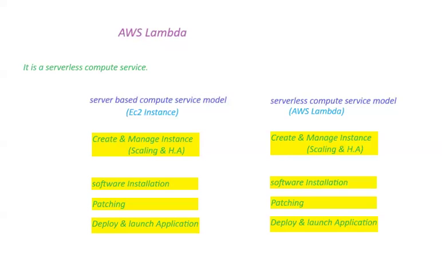Lambda enables you to focus only on deployment and launching of your application. You don't even need to focus on creating and managing your instances, patching updates, and software installation. Who will maintain all these for you? These all will be maintained by AWS.